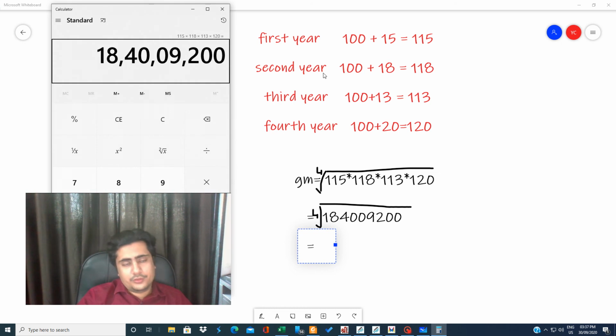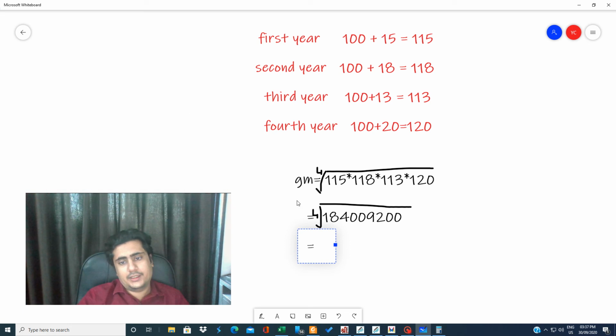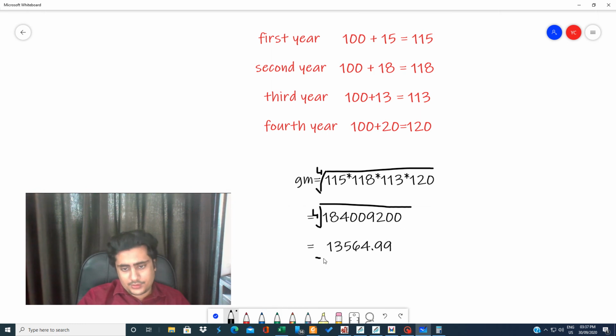Now you have to find the fourth root of this digit. So one time we'll press the root. So it's 13,564.99. Now we'll take the square root of this digit.